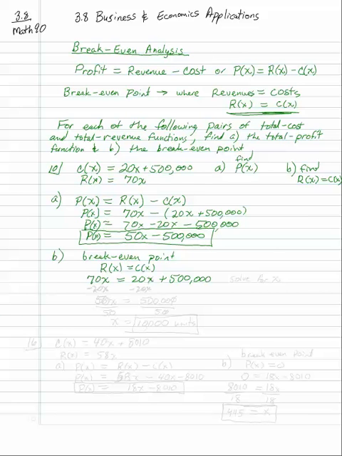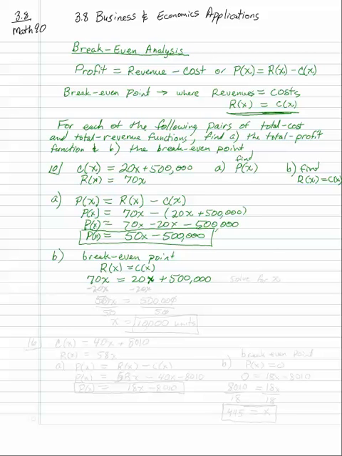X could be whatever the units are that we're producing. If I'm a big TV manufacturer, X could be the number of TVs I make. $20 would be pretty cheap for a TV, or $70 even, but you get the idea, hopefully.